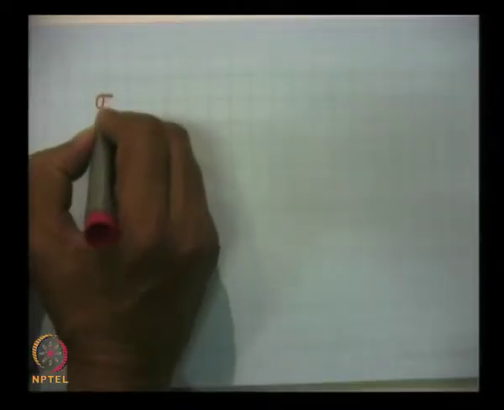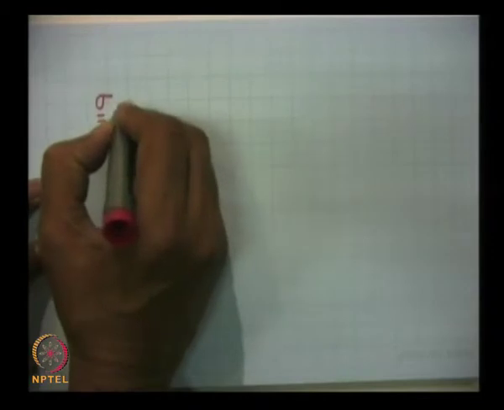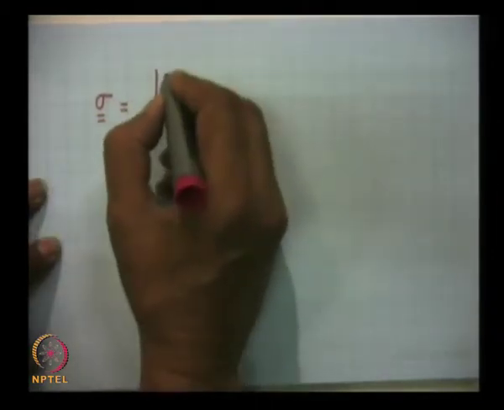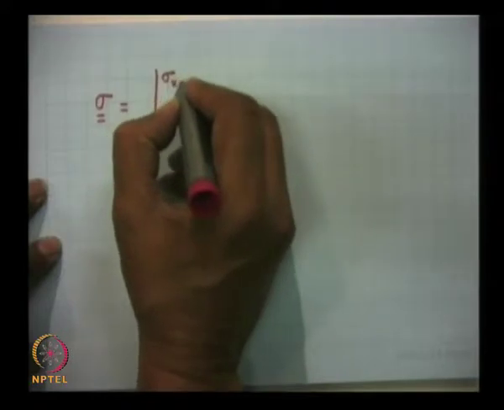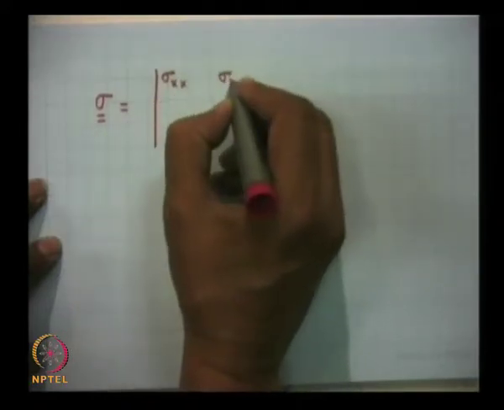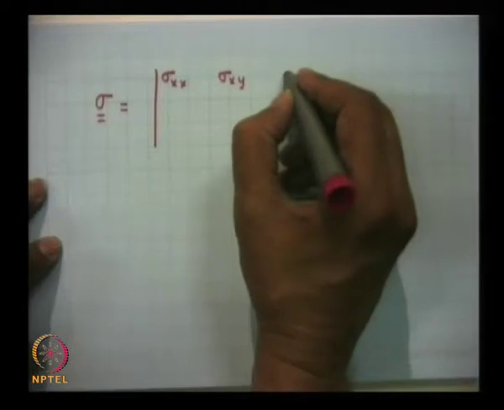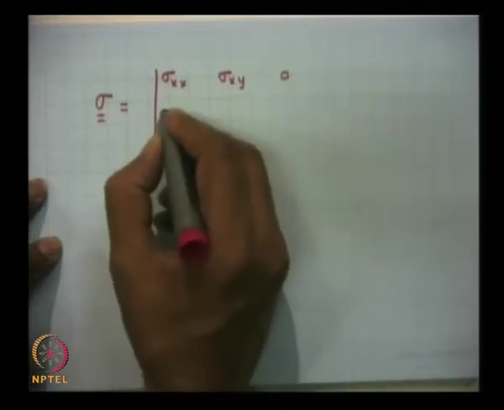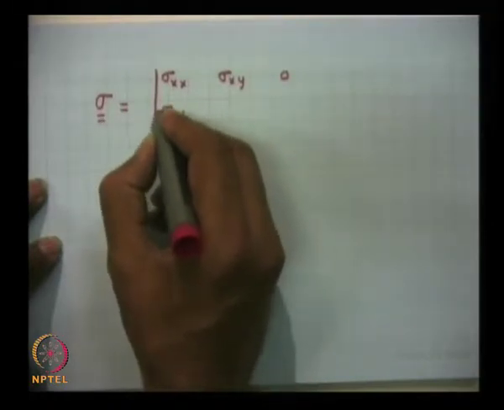Sigma was equal to: this component was sigma xx, this was sigma xy, and sigma xz was 0. This coefficient was sigma yx, which is equal to sigma xy with a negative sign.